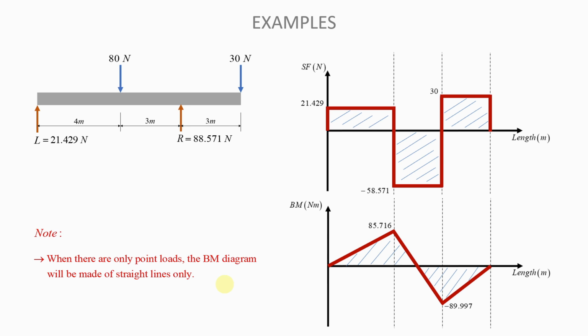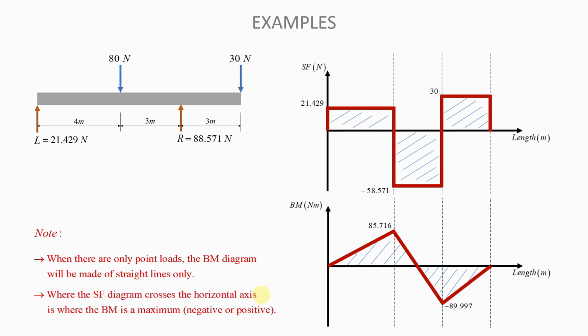But that kind of loading is not a point load, okay? But it is a distributed load. So when you only have point loads acting on the beam, you can be sure that your bending moment diagram will only have straight lines, as you see here. Okay, this is the first observation that you need to make and understand.